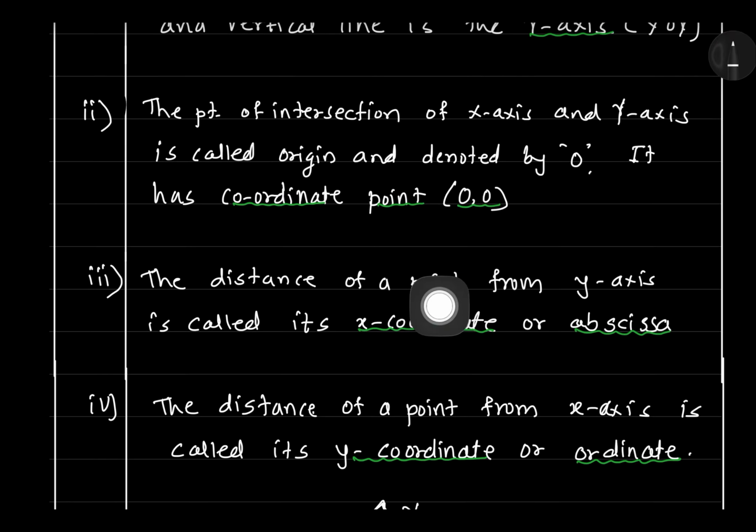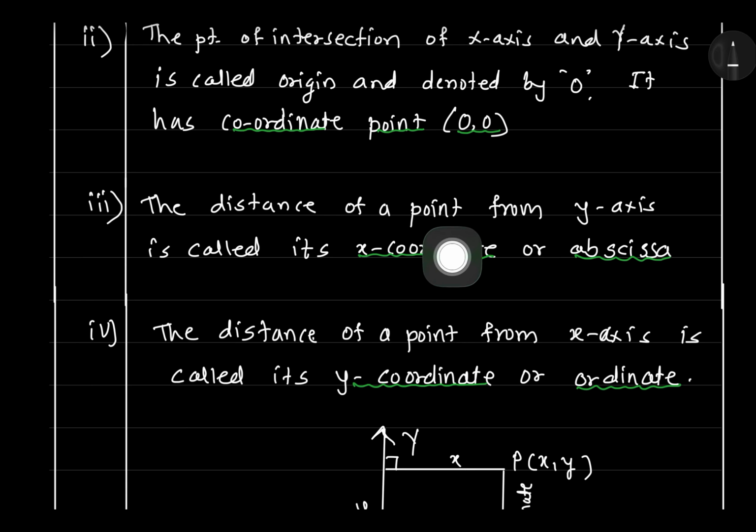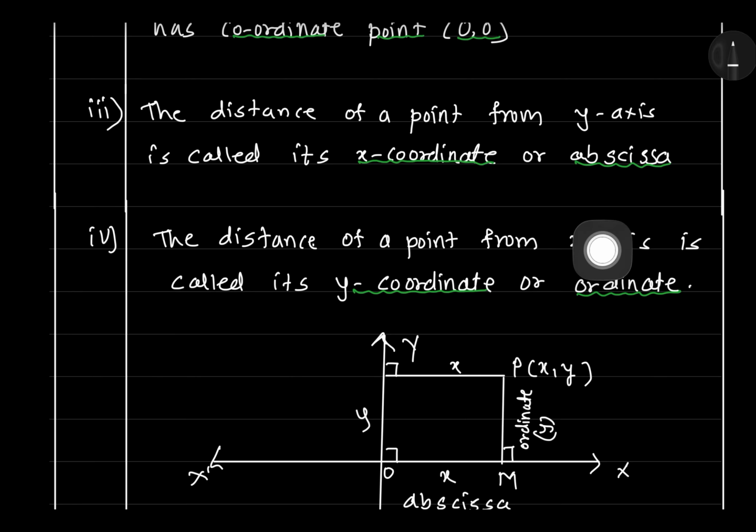Then the distance of a point from the y-axis is called the x coordinate or abscissa.